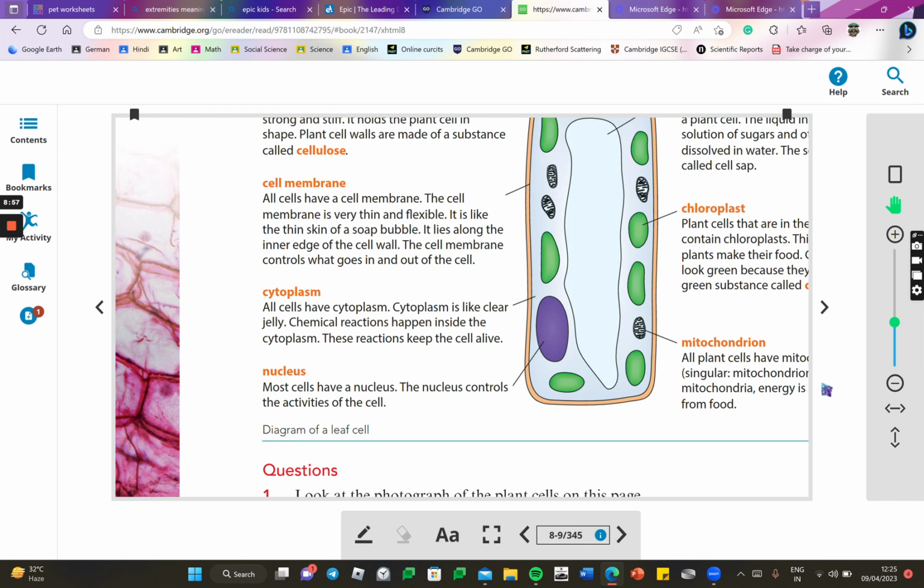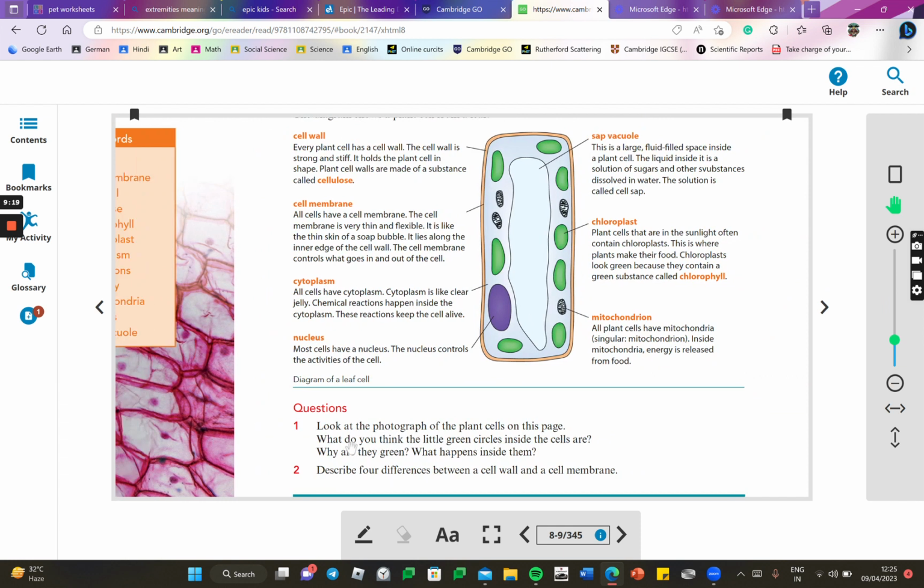So if a teacher asks what these small things are, you say, excuse me, ma'am, these are not things, these are organelles. Most cells have a nucleus. The nucleus controls the activities of the cell. This is the most important part, the brain of the cell.